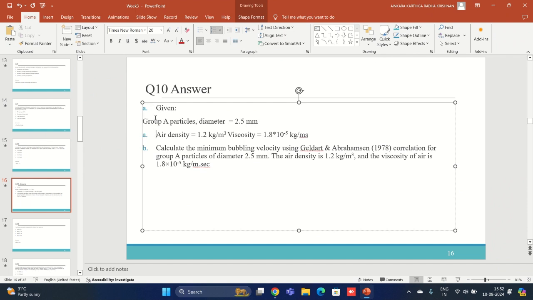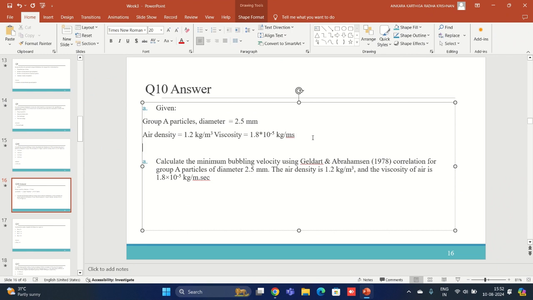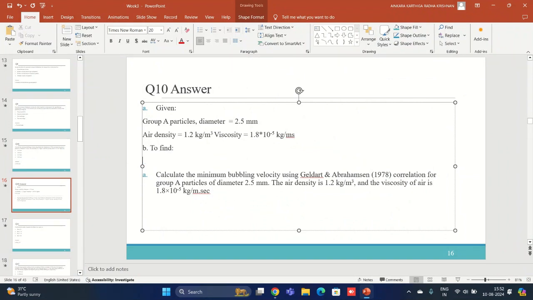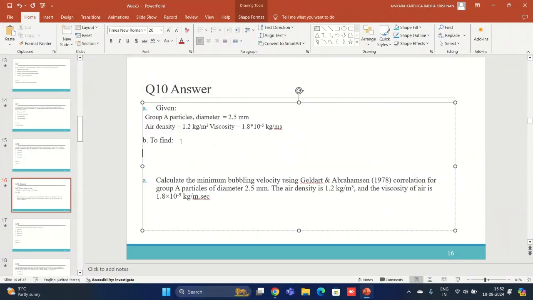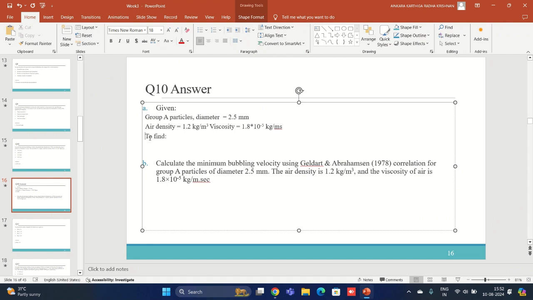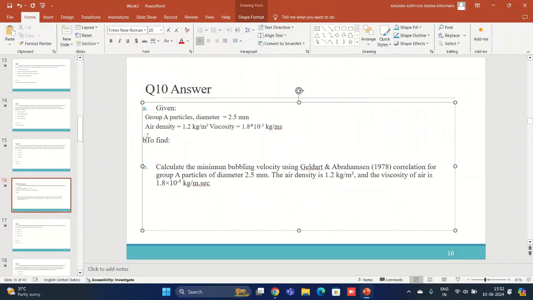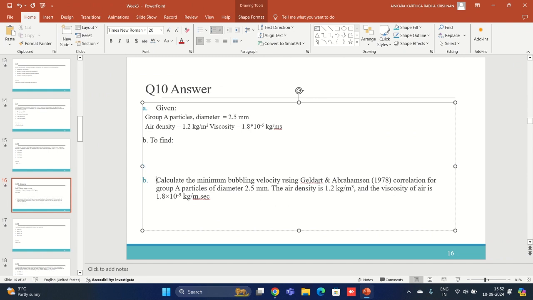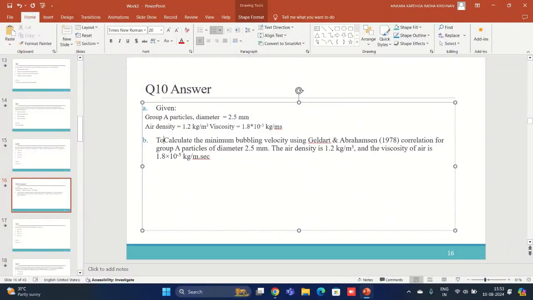Alright. Now we need to find the minimum bubbling velocity.